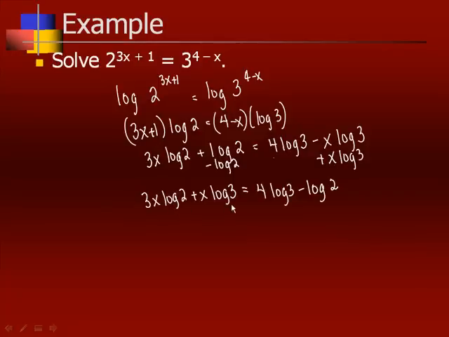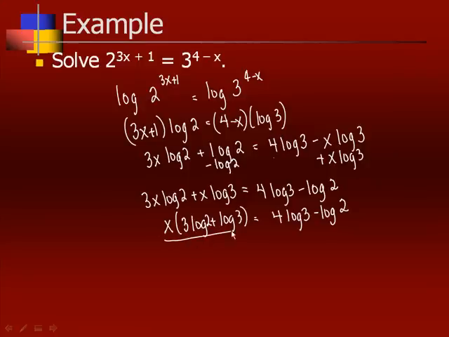Now over here we can't combine these, but we could pull out an x, which would give us 3 log of 2 plus the log of 3. And then over here we've got 4 times the log of 3 minus the log of 2.